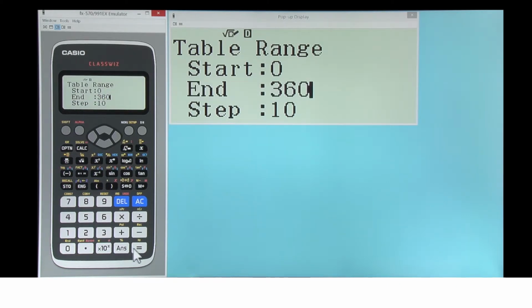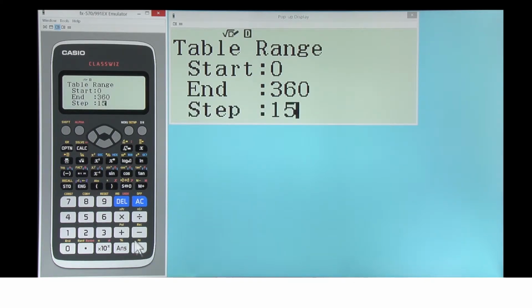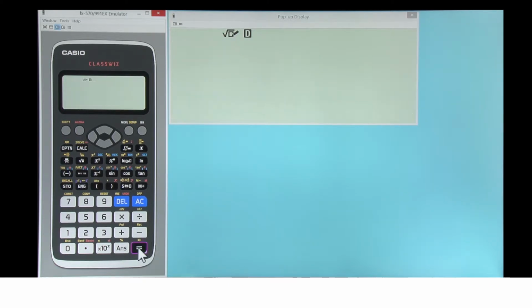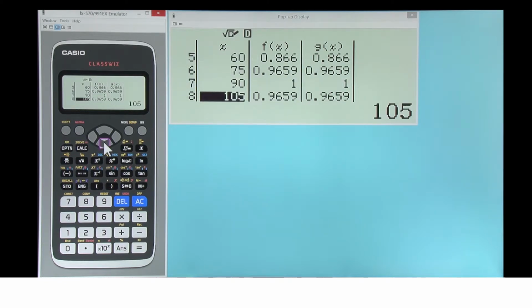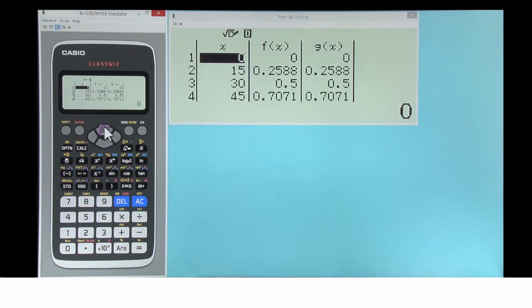You need to choose the step carefully so that the table parameters are not exceeded, and a good choice would be 15 in this case. Every 15 degrees we can evaluate the function, and here you can see the function changing as x goes from 0 degrees up to 90, to 180, to 240, to 360, and then back to the start again.